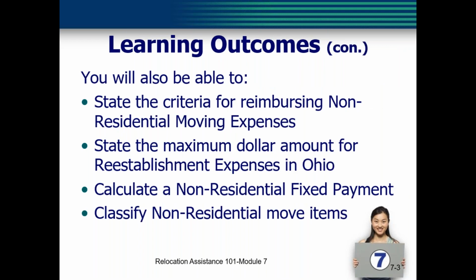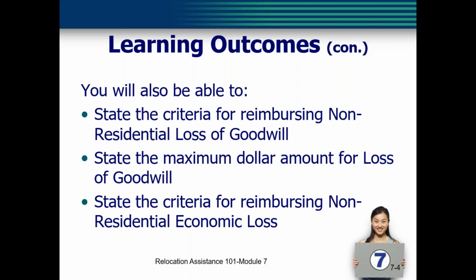You'll be able to state the criteria for reimbursing non-residential moving expense, state the maximum dollar amount for reestablishment expenses in Ohio, calculate a non-residential fixed payment, and classify non-residential move items. You'll also be able to state the criteria for reimbursing non-residential loss of goodwill, state the minimum dollar amount for loss of goodwill, and state the criteria for reimbursing non-residential economic loss.